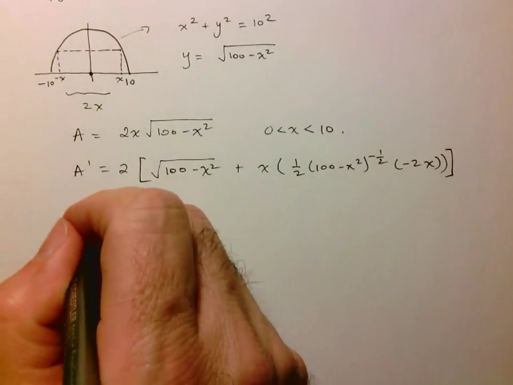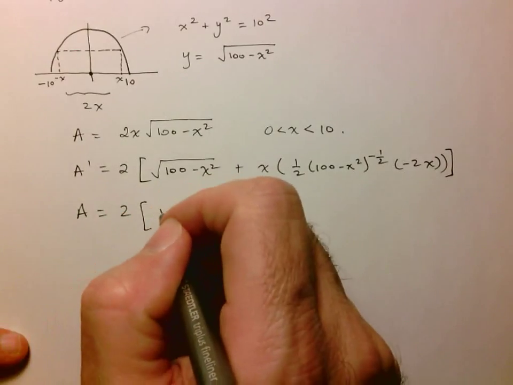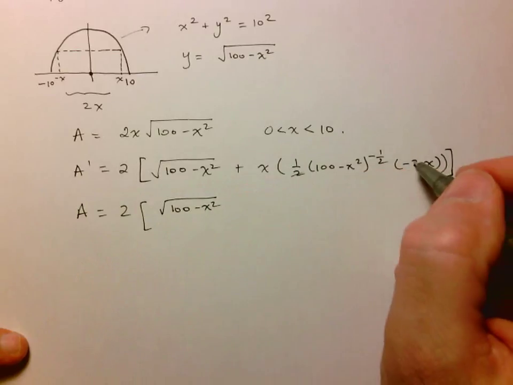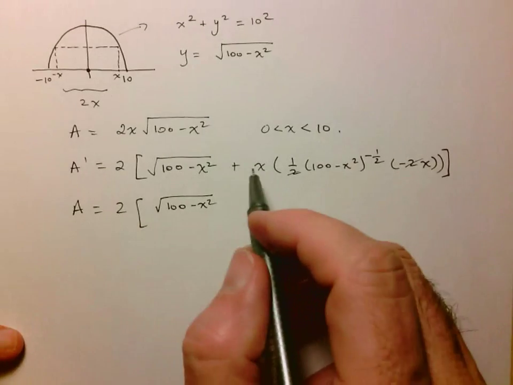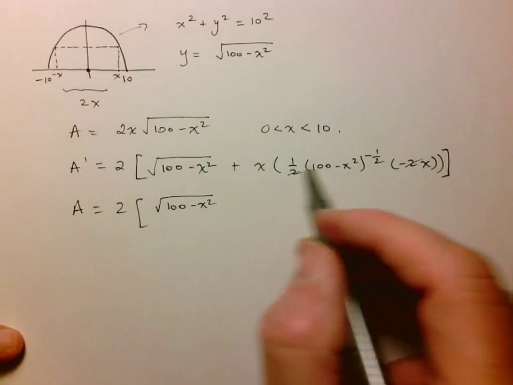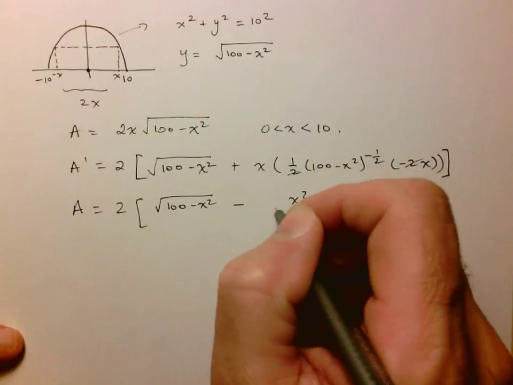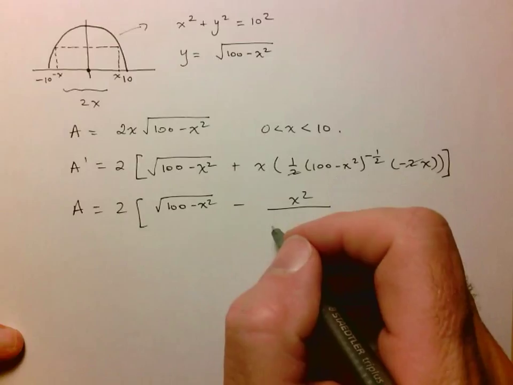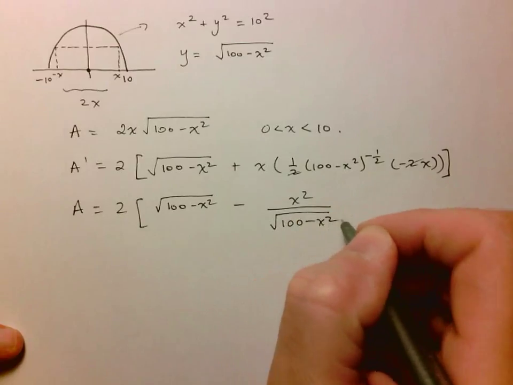So let's simplify this. The 2 here remains. Here I've got the square root of 100 minus x squared. Here the 2 cancels out with that 2 in the numerator. So in the numerator, the only thing I'm going to be left with is the x times negative x, which is minus x squared. And in the denominator, I'm going to have 100 minus x squared to the 1/2, so the square root of 100 minus x squared.